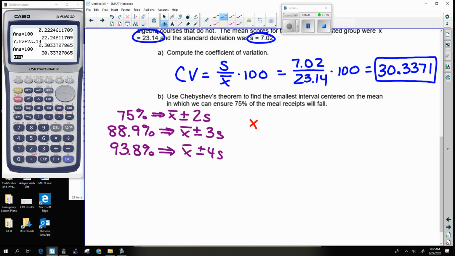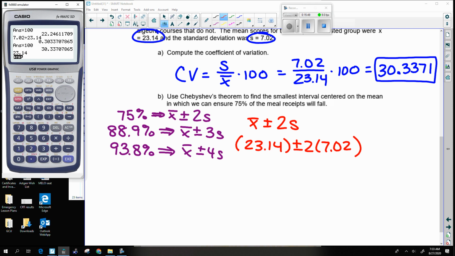Here's what I would write. So I start with my formula, put in the numbers, and then get my answer.